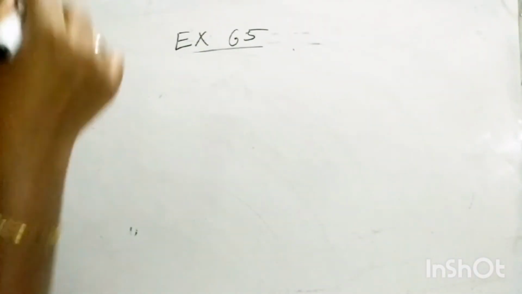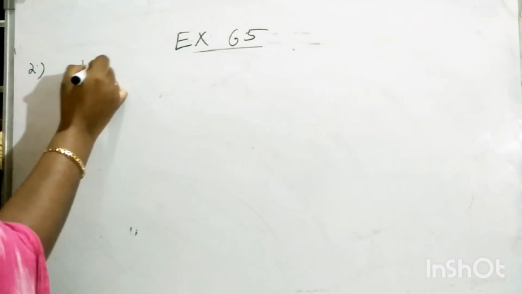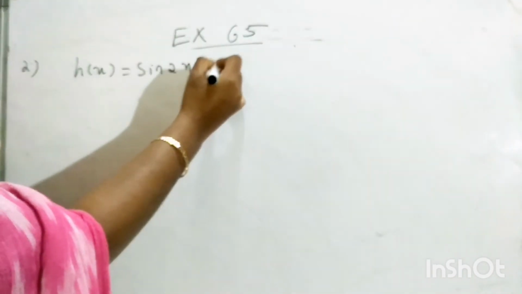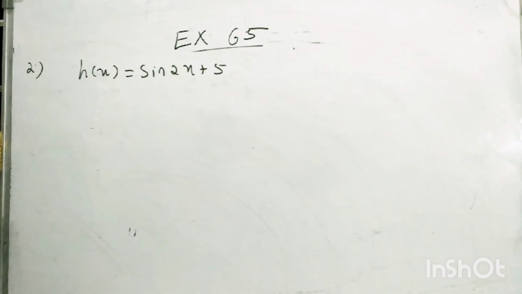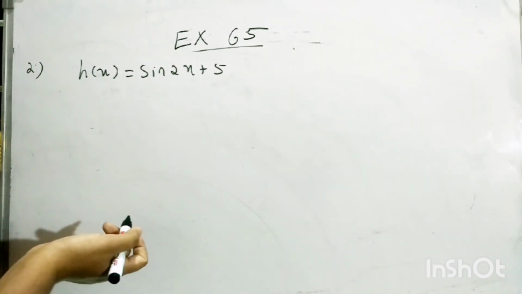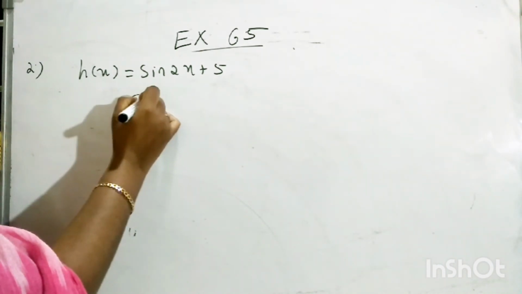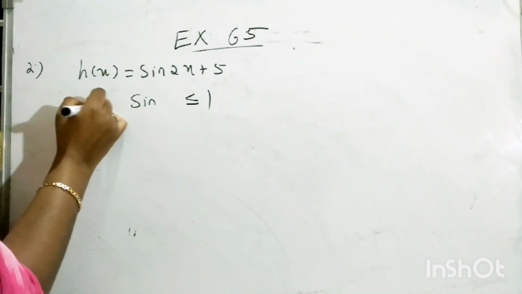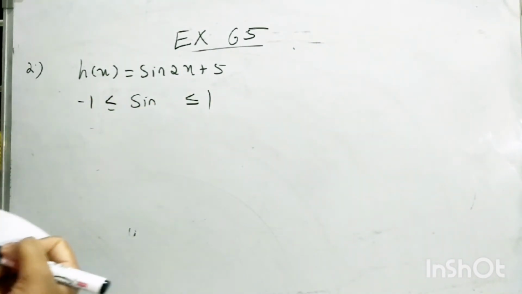Third one, h of x is equal to sine 2x plus 5. We know that sine is always less than or equal to 1: minus 1 less than or equal to sine less than or equal to 1.